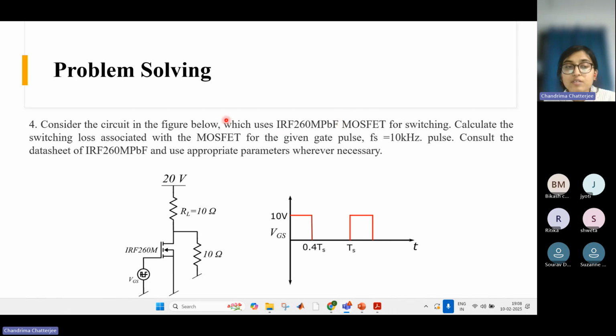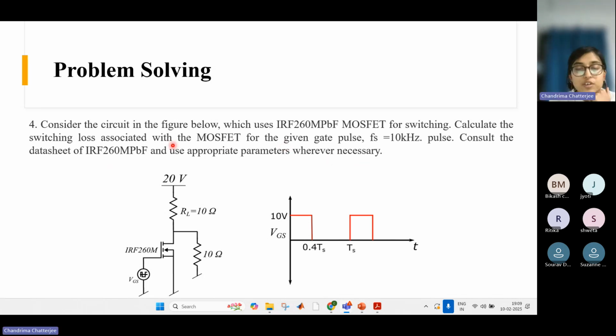Calculate the switching loss associated with the MOSFET for the given gate pulse. The gate pulse pattern is provided. Here the switching frequency is given as 10 kilohertz. Consult the datasheet of IRF260M. You will have to search this part number and use appropriate parameters wherever necessary.